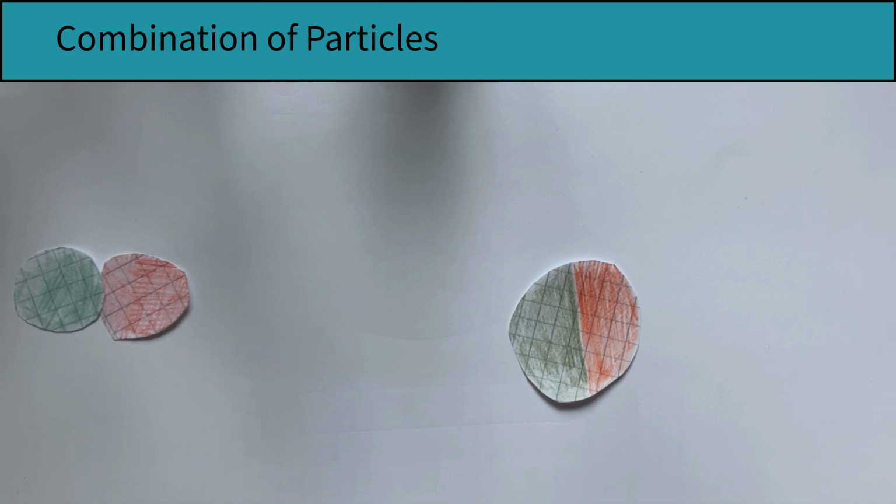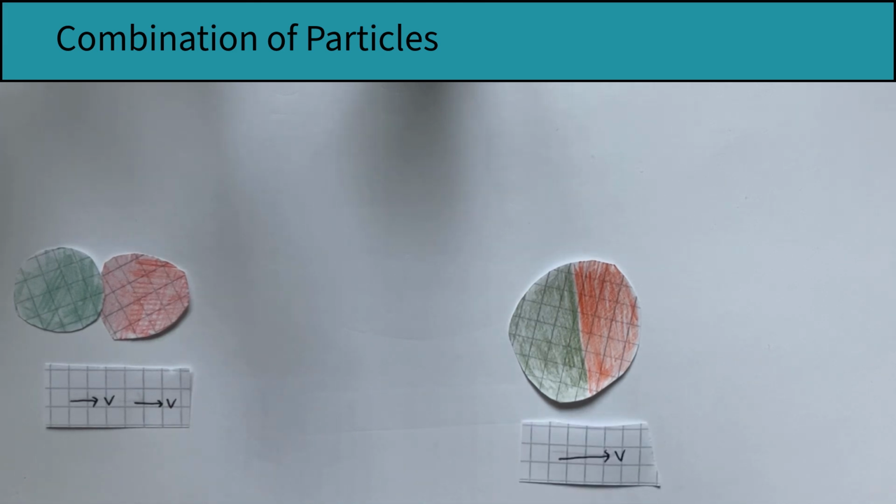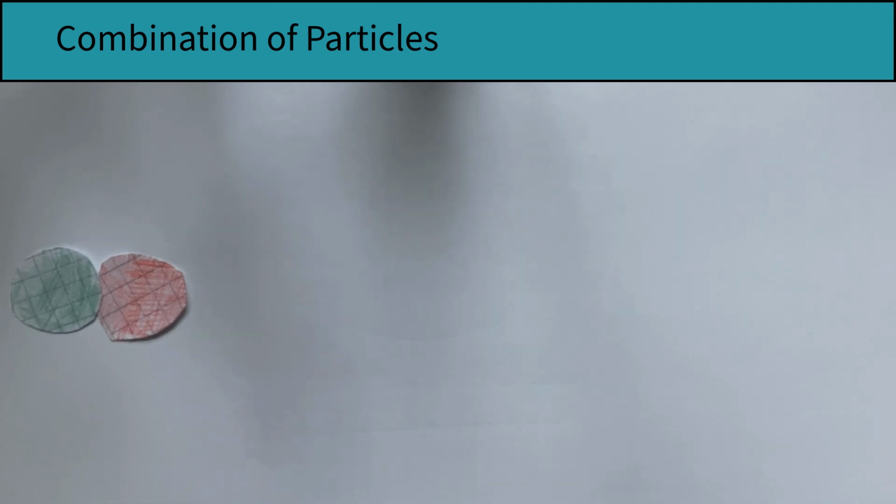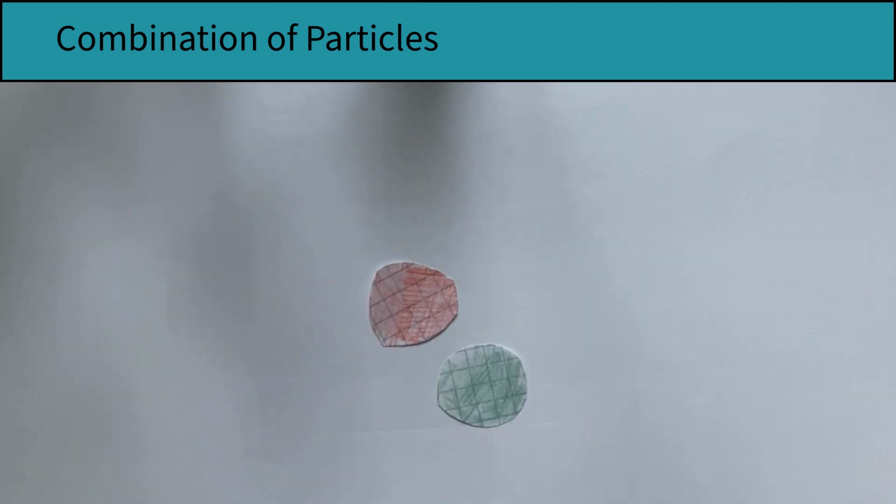If you consider it as two separate ones, you consider the masses separately, with v being the same, a common velocity. If it's one particle that you consider, you only need one velocity. Choose whichever is easiest for you.